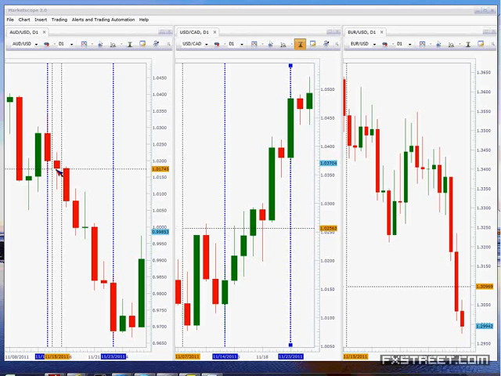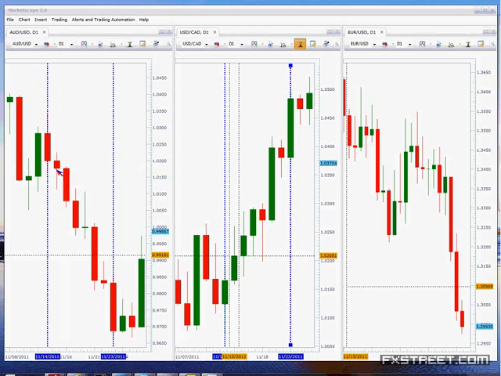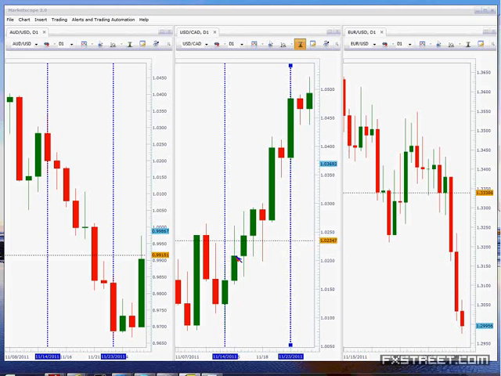So anyways, 15th, I'm saying that the Aussie CAD, let me just make sure I'm correct here, the CAD went far weaker. If the CAD went far weaker, that means on the Aussie CAD, it should be long, right? Yep.